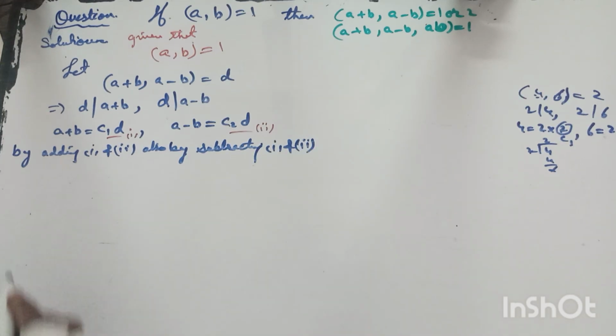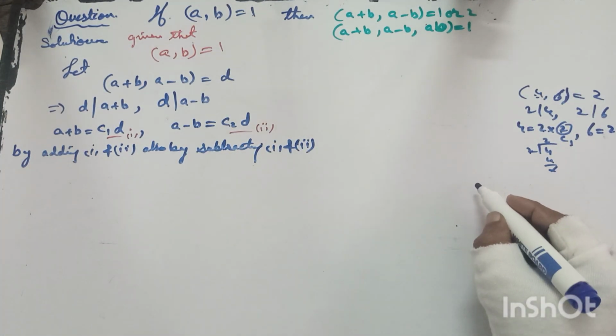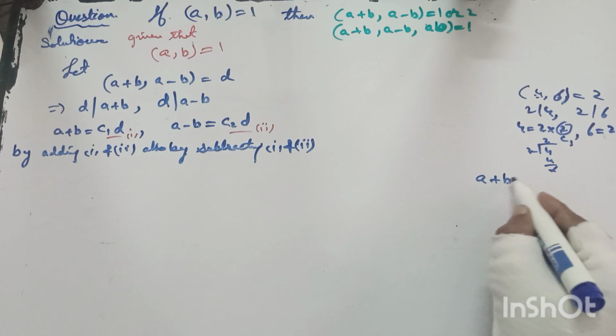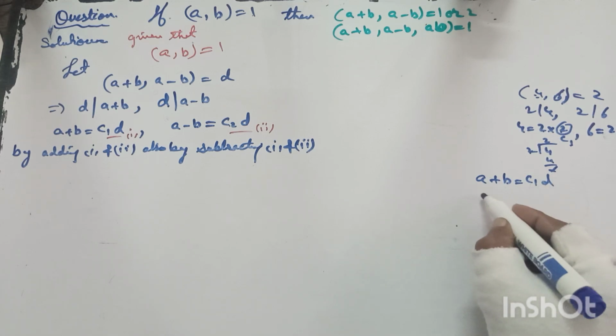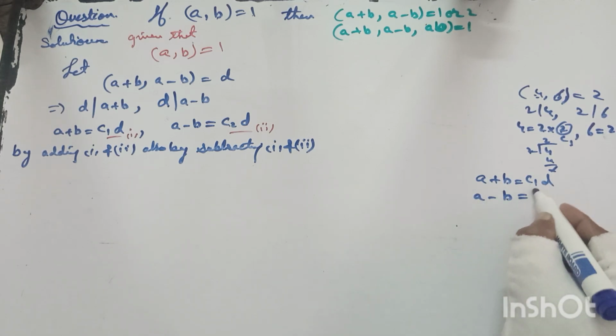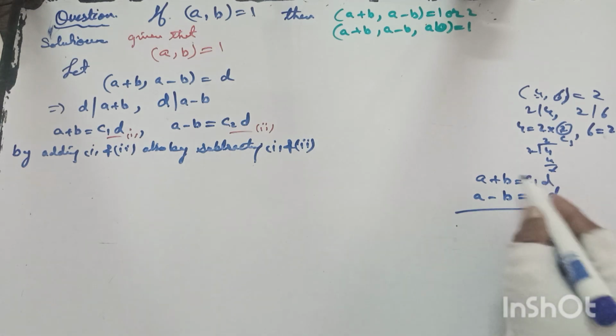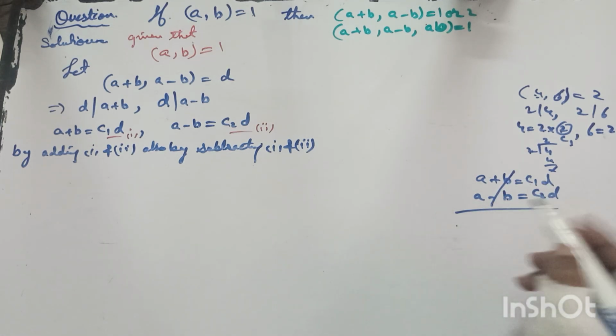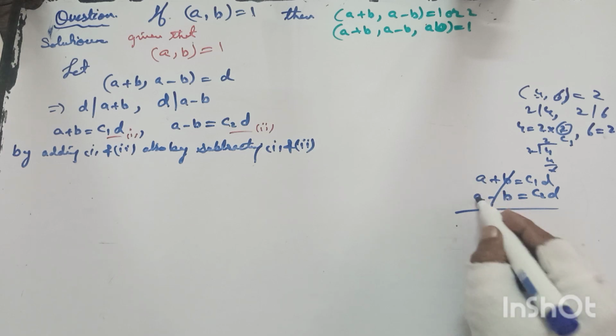If I add A plus B is equal to C1D, A minus B is equal to C2D, the plus B and minus B cancel.